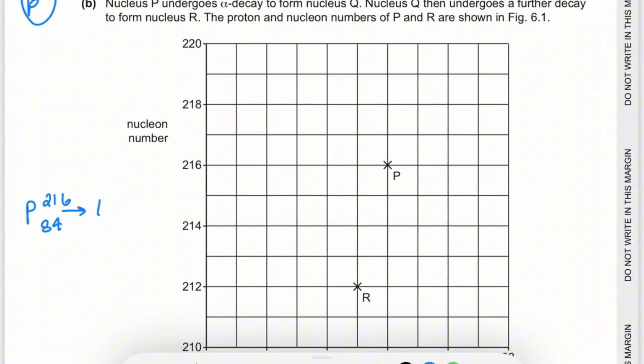That means it's going to form a helium nucleus, which we denote by alpha, which has a mass number of 4 and proton number 2. And then it's going to result in nucleus Q, which will have a smaller mass number. You'll subtract 4 from 216 to get the mass number of Q, that would be 212, and subtract 2 from 84 to get the proton number of Q.